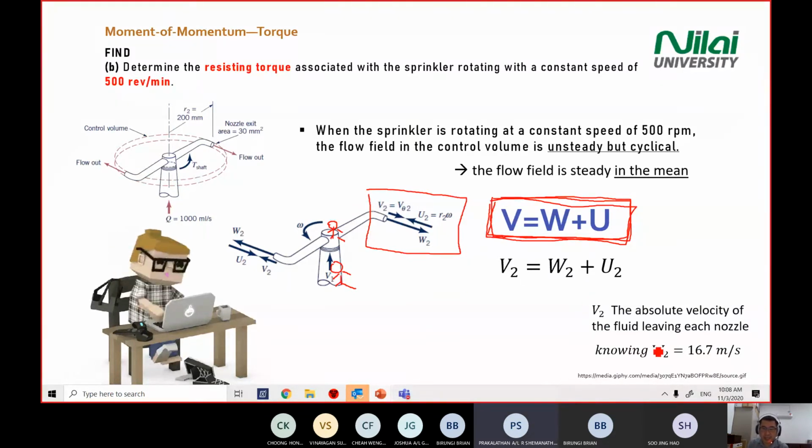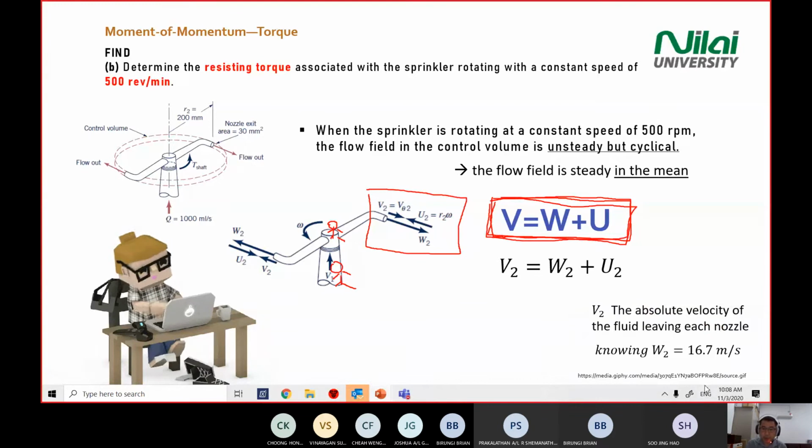Now in this case, V2 we know is absolute. W2 we also found, I think in the previous part, W2 is given. If not, then you need to refer to tutorial question 12.